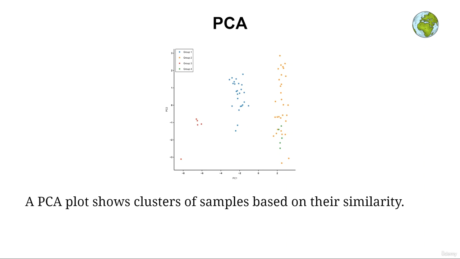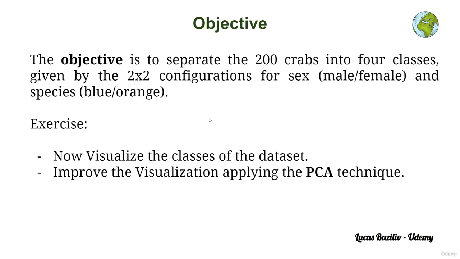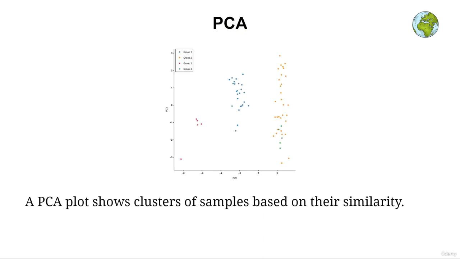Because as we can see, the objective of this project on the crabs dataset is to separate these 200 crabs into 4 classes, right, depending on male, female, and blue-orange. That's why we apply the PCA, the principal component analysis.